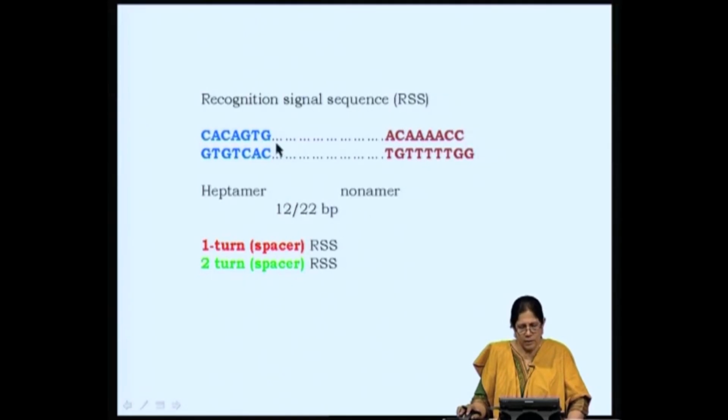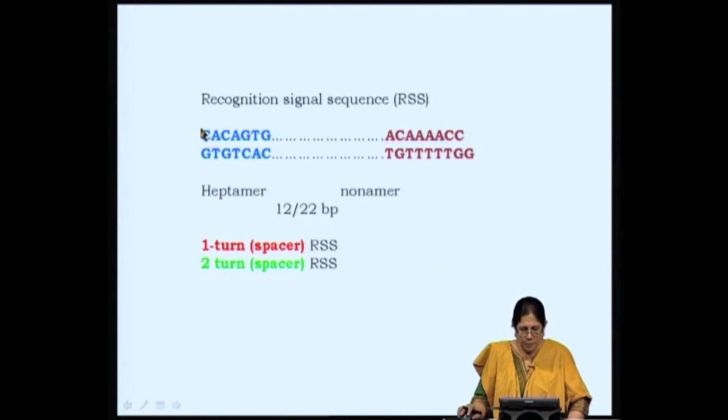Now, RSS is typically made of first a palindrome heptamer sequence, CACAGTG. This is, you can see very easily, a palindrome, which is separated by a nonamer which is AT rich.